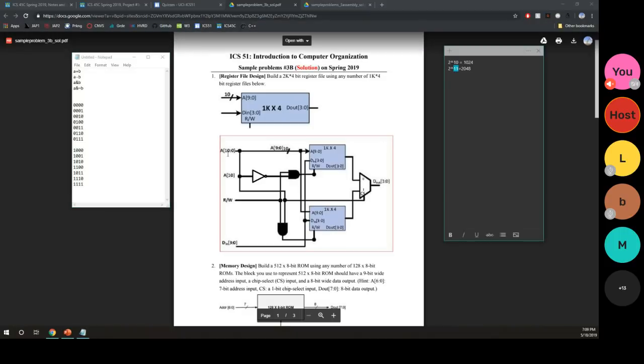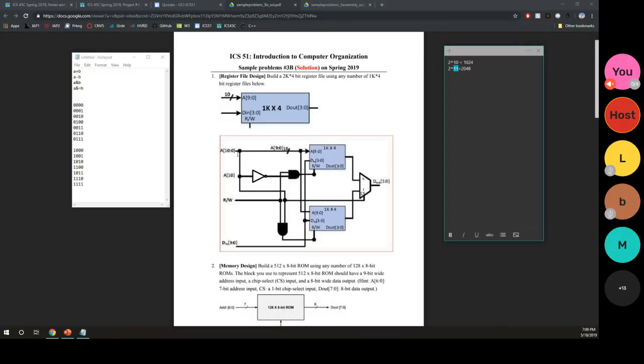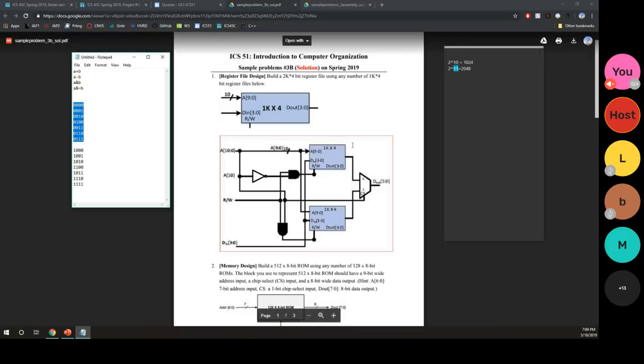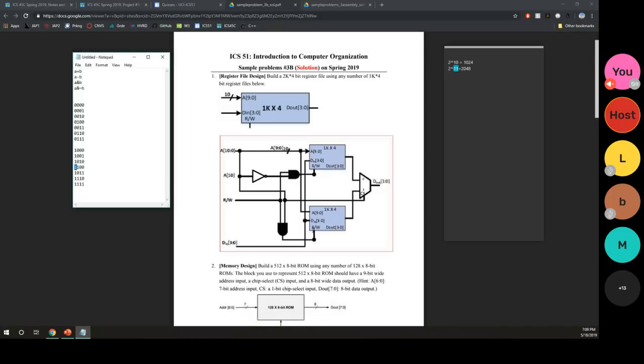Our 2K register file has 11 bits going into it. If this highlighted section here is this register file and this highlighted section here is this register file, the only difference between these two is that most significant bit. So if we take out that most significant bit, we can use that to select between one of these two register files. Does that make sense?